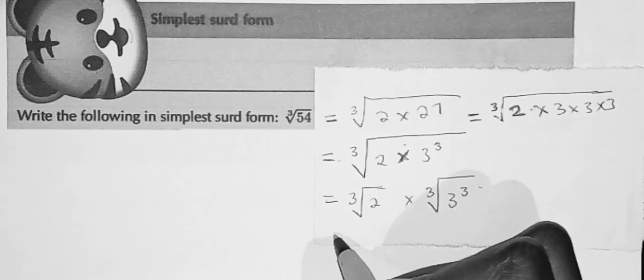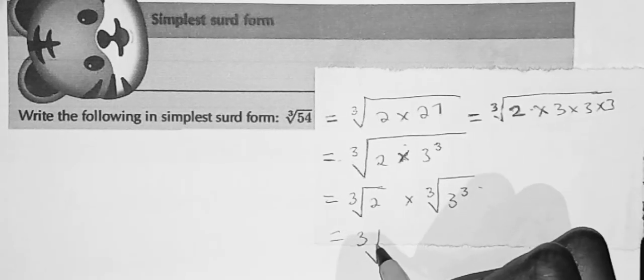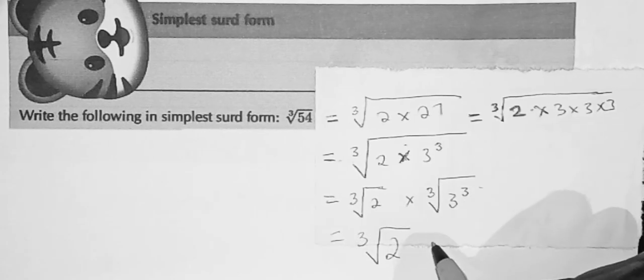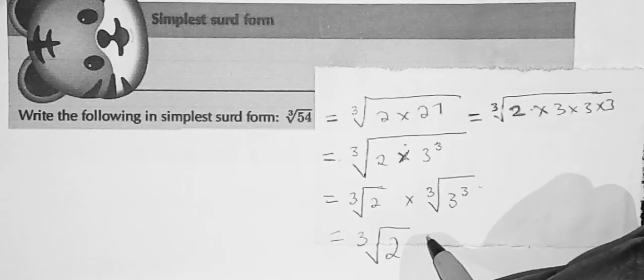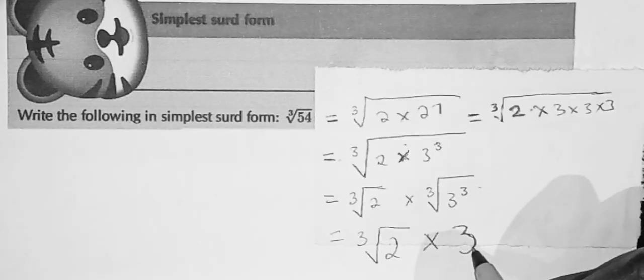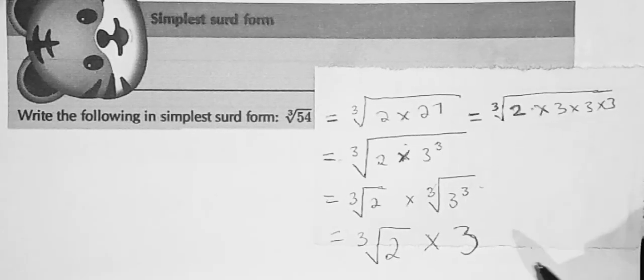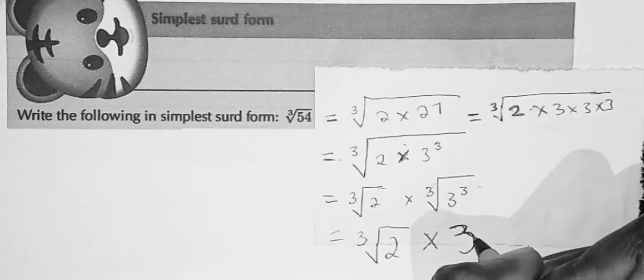So the answer equals cube root of 2 multiplied by 3, because the cube root and the power cancel one another. So you're going to get 3 afterwards.